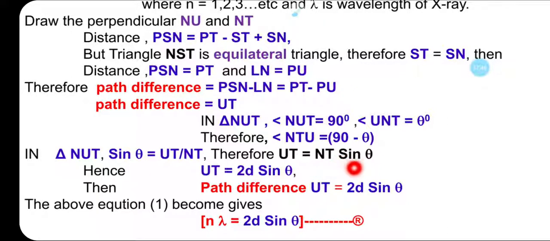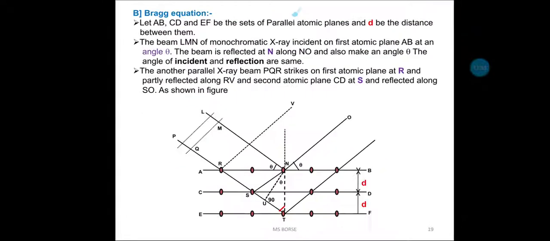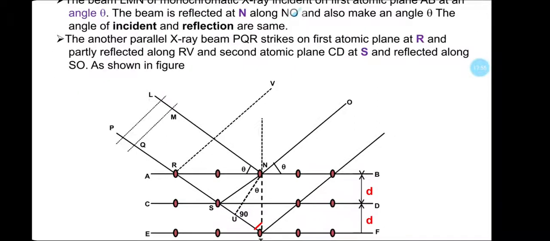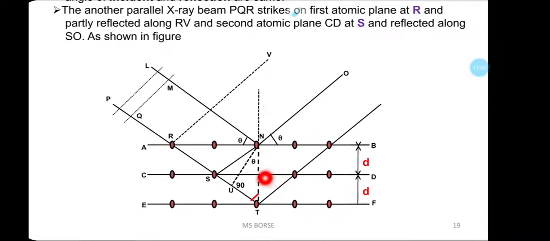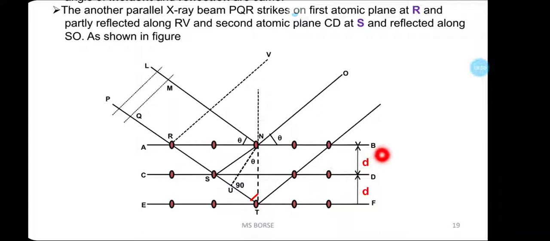And what is NT? NT is equal to 2d. If you see, the distance between these planes is d, so NT in terms of d is 2d.